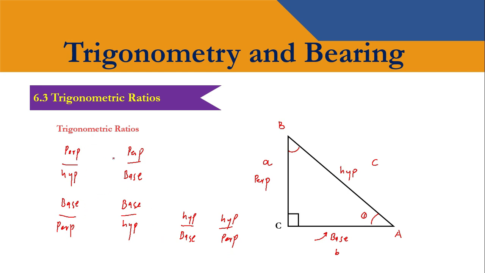Now we have to name these trigonometric ratios. So we know that if we divide the perpendicular by the hypotenuse, this ratio is known as sine of theta and written as sin theta. And if we divide the base by the hypotenuse, this ratio is called cos of theta. And if we divide the perpendicular by the base, then this ratio is called tan of theta.